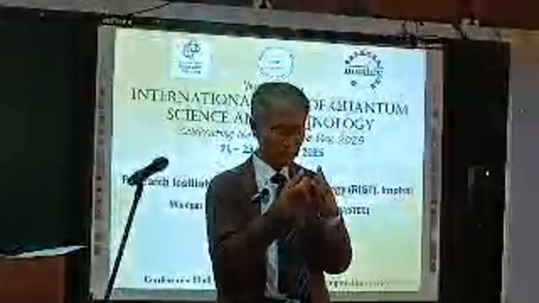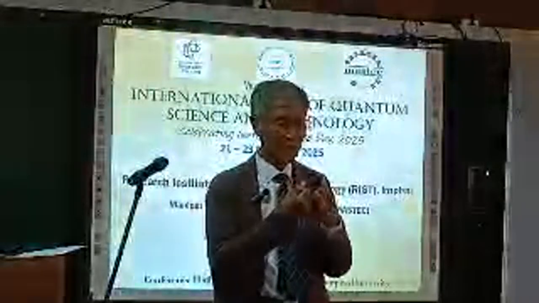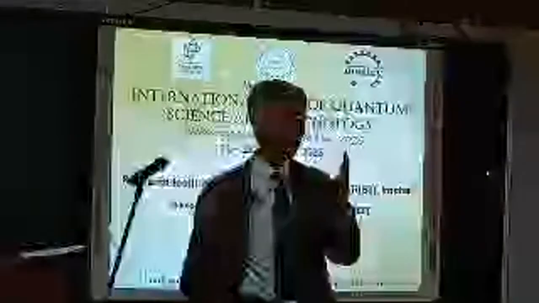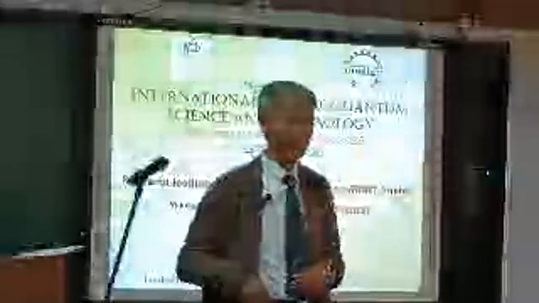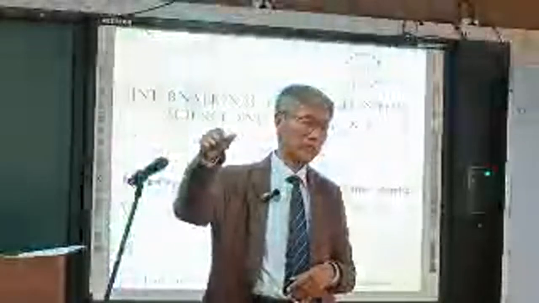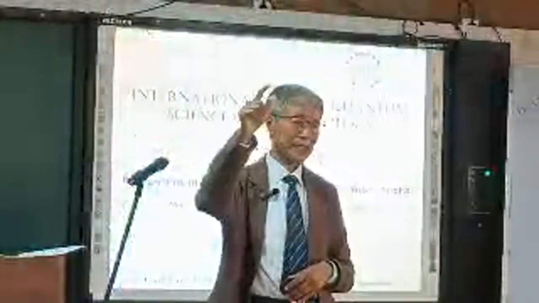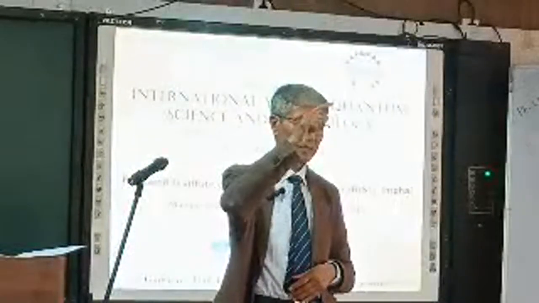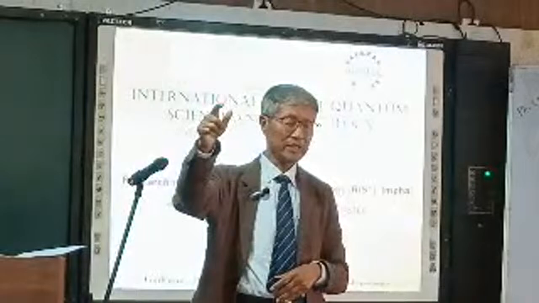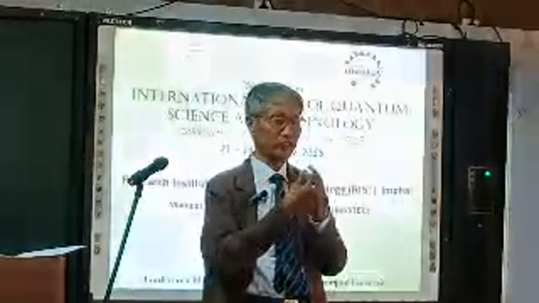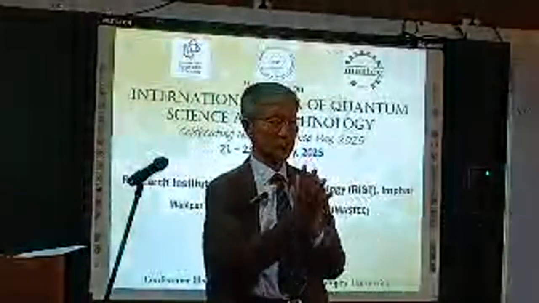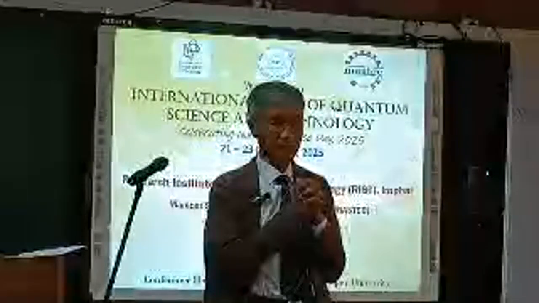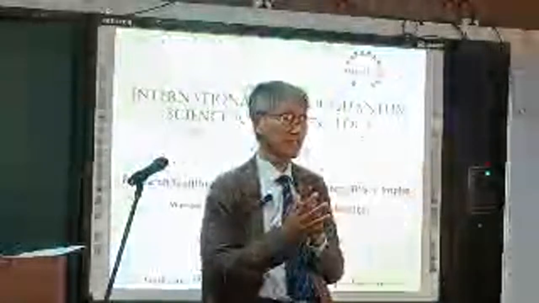Usually what we do is, the state space of A, we call it SA, and the state space of B, let us call it SB. Then what is the space of the combined composite system? Usually we take the tensor product of SA and SB.